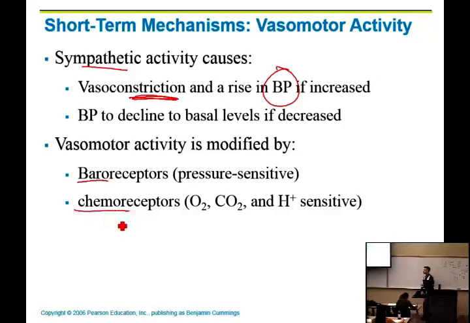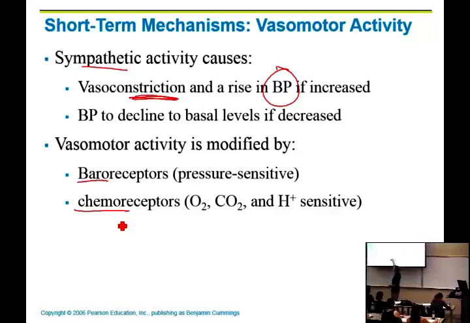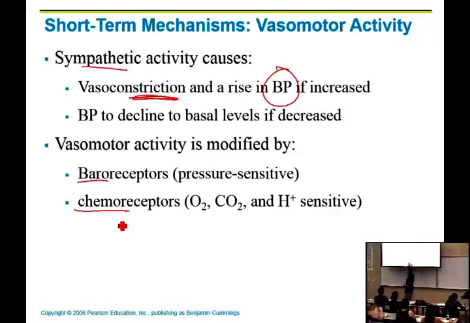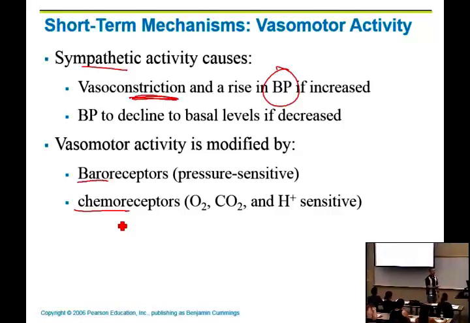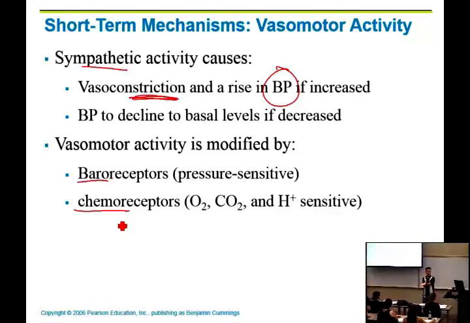Chemoreceptors. So, chemoreceptors are measuring chemicals, right? And in this case, we're looking at some of the different chemicals that are going to be found in the blood. So, not only do we want the flow to be good, but we want to make sure that whatever is getting to that site has what it needs. So if, for instance, the oxygen levels are getting low, I don't care what the pressure is, we need to push some more over there because that tissue is not getting enough of this critical molecule, okay?